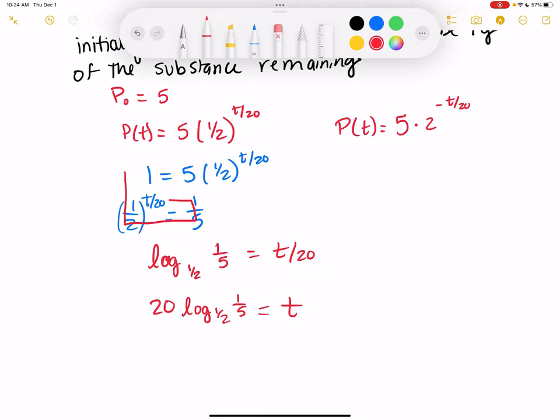Or if you've already typed in your log base, you can hit enter and then just multiply by 20 at the end. Is the time in days? Yes.